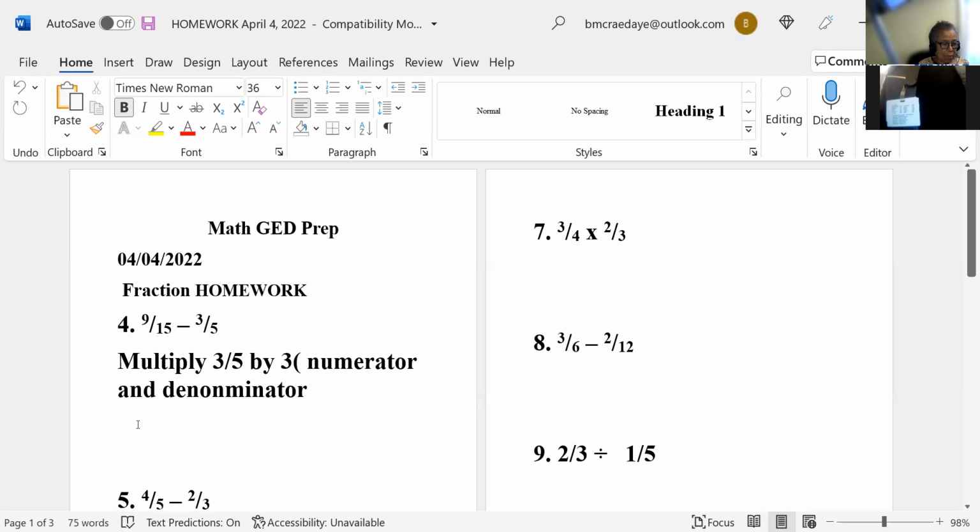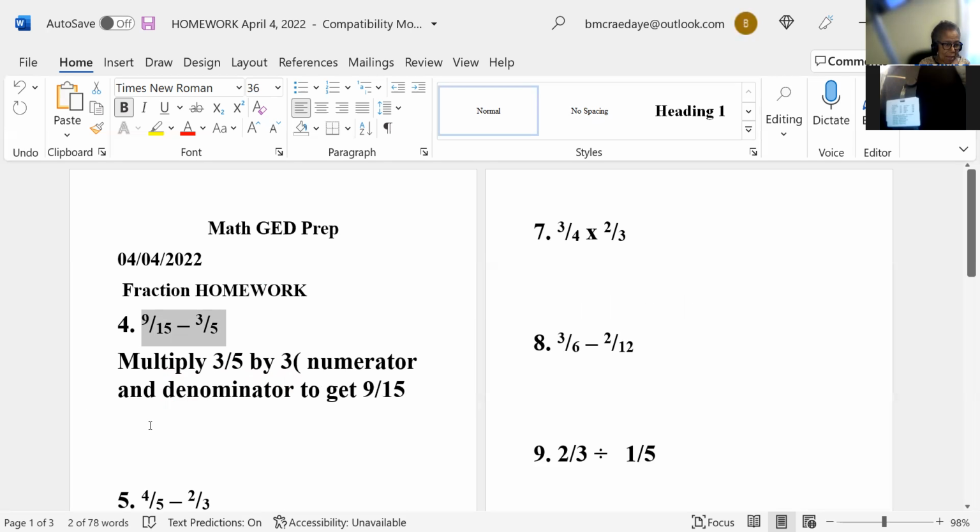So that would become 9 over 15. So that subtraction then would become 9 over 15 minus 9 over 15, right?